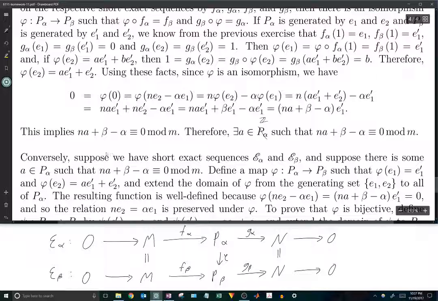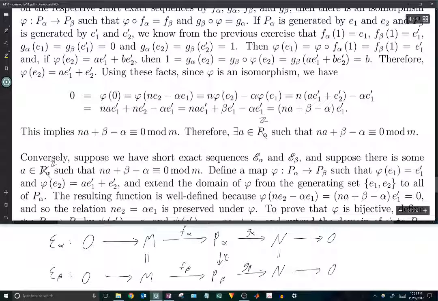Okay, so for the converse, it's trickier to come up with this proof, but once we get to here, we can think, oh, if we knew this, would we be able to go the other direction? And it turns out you can. So suppose that we have the short exact sequences E alpha and E beta, and we know that there is some integer a such that na plus beta minus alpha is congruent to 0 mod m.